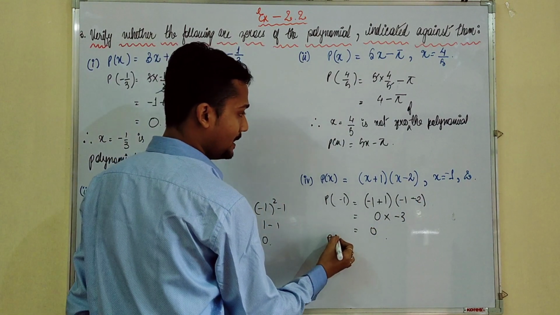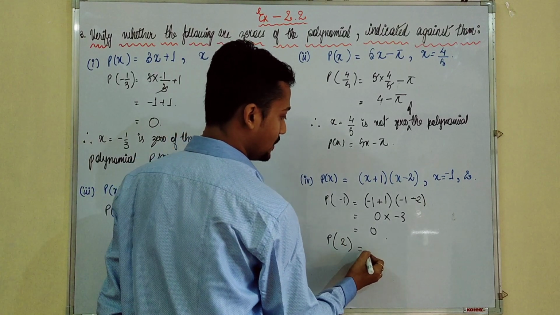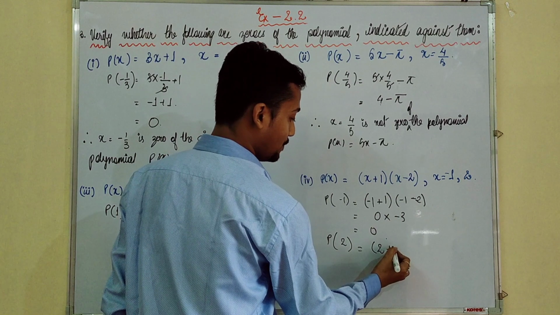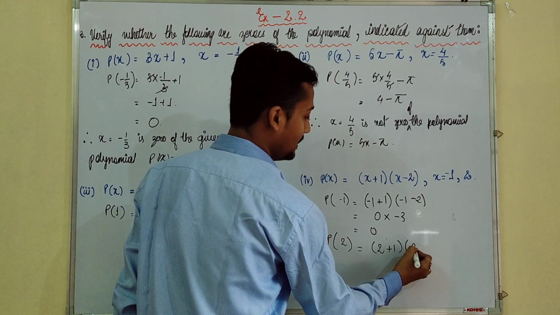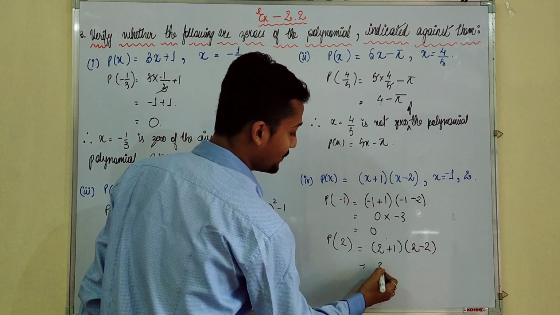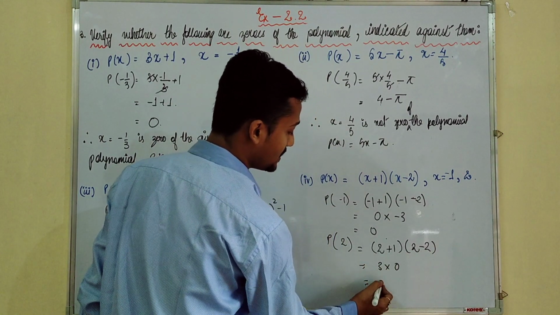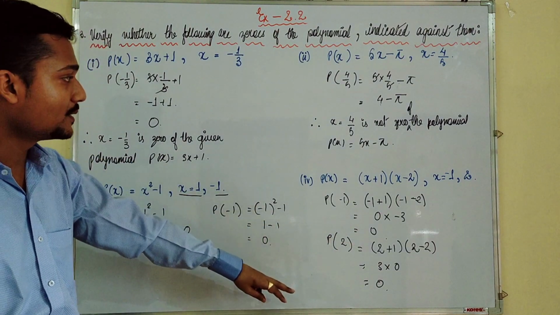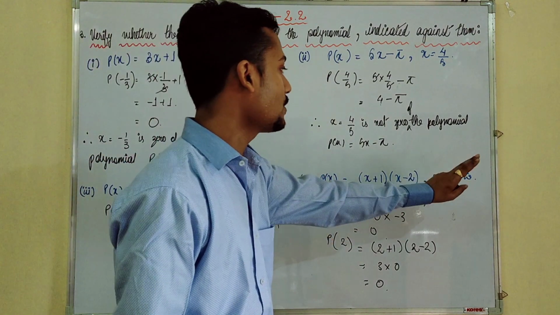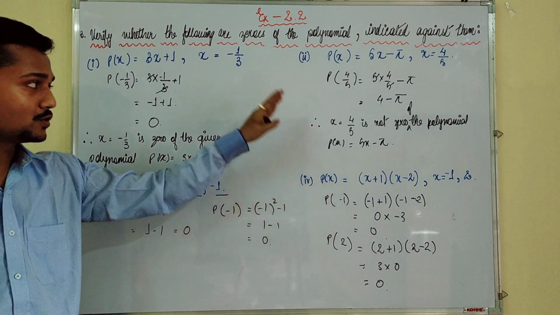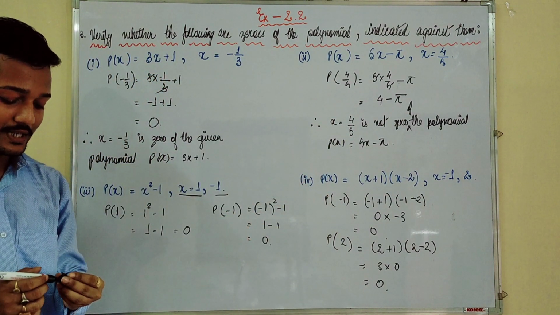Then P2 is equal to, in place of x I will place 2 plus 1, then here I will place 2 minus 2, is equal to 3 into 0, which is equal to 0. Again you will write what? Yes, both are equal to 0, isn't it? So what will you write? x equal to minus 1 comma 2 is 0 of the polynomial. Okay, so quickly note it down, then we are going to move on to the next questions.